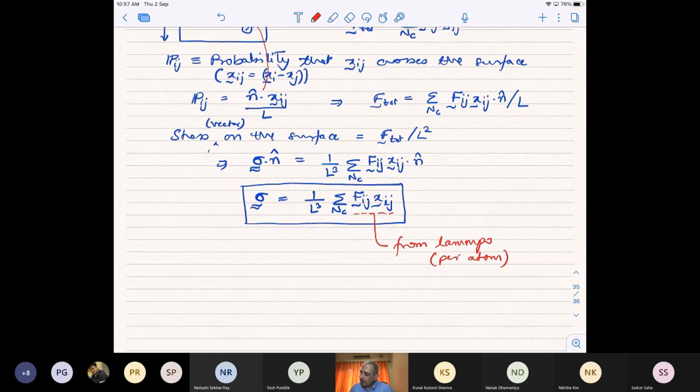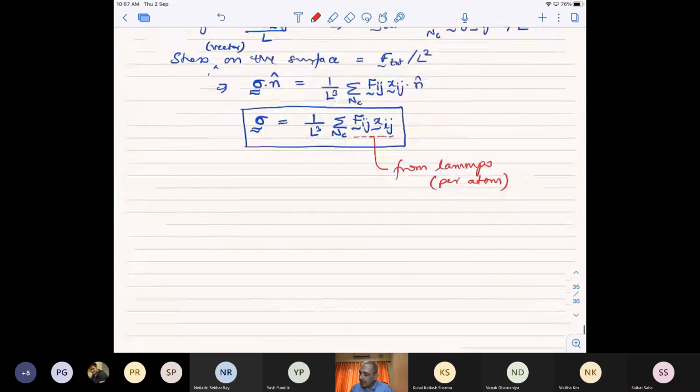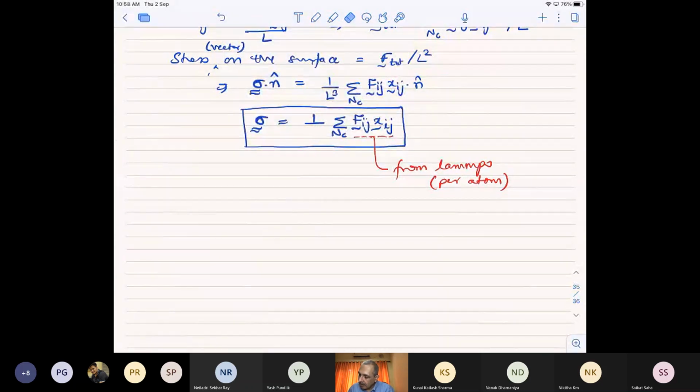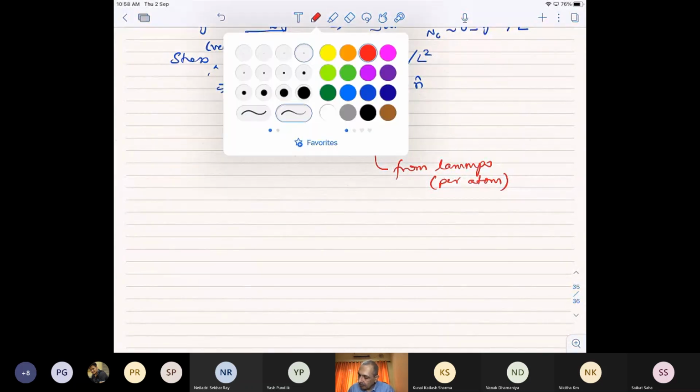If there are two particles, they just divide it equally between the two. And so you get this value for each particle, and then you add it all up for all the particles in a volume and divide by the volume to get the stress. So this is what I wanted to explain to you. In fact, instead of L cubed, we can just put it more generally as the volume.